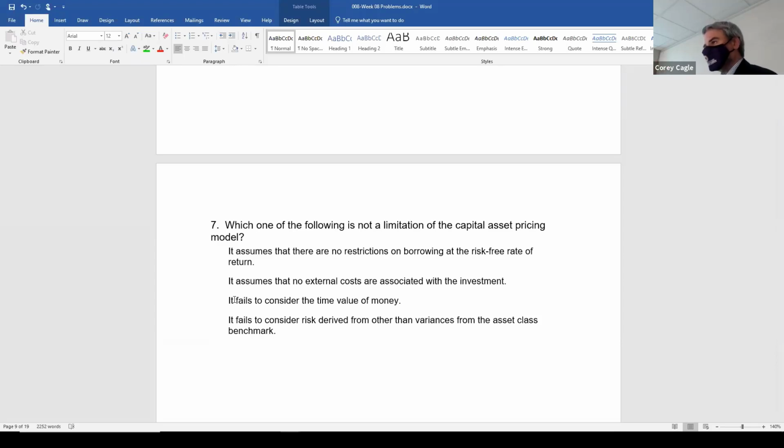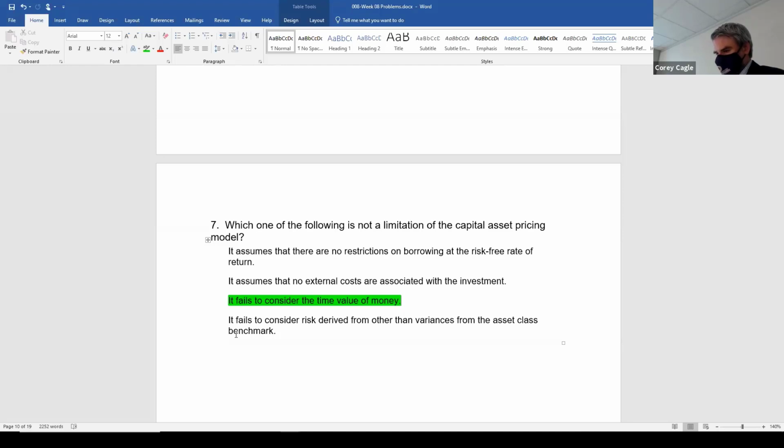Lots of words here. The easiest way to do this is to look for the obvious. That isn't true. It does consider the time value of money. That's the thing we know. Who cares about the other 3? We know we're good with that one, right? Because it incorporates the risk-free return as part of this formula. So we know that it doesn't fail to consider the time value.